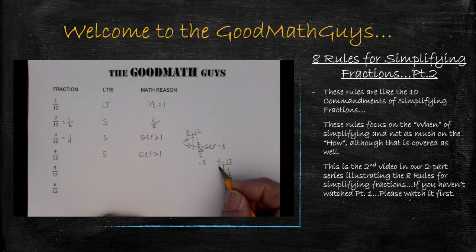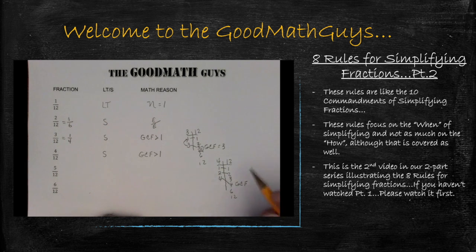Factoring 4, it's 1 times 4 and 2 times 2. And then we'll match the common factors. 1's match, 2's match, and 4's match. So in this situation, 4 is the GCF.